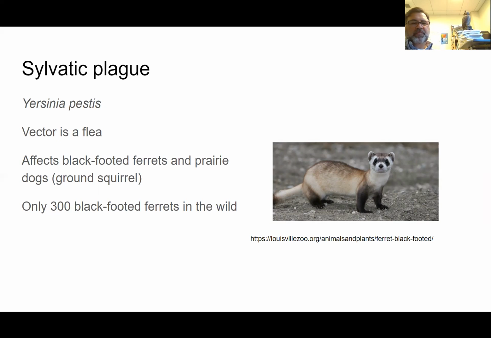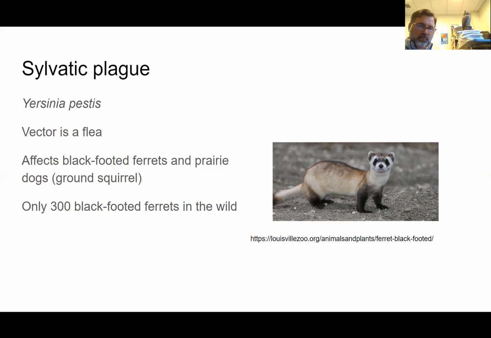But these are important in the prairie because they build networks of tunnels, and they're considered a keystone species because many animals will use those burrows as homes as well. And the prairie dogs sustain a predator, the black-footed ferret, and the black-footed ferret is very susceptible to Yersinia pestis.